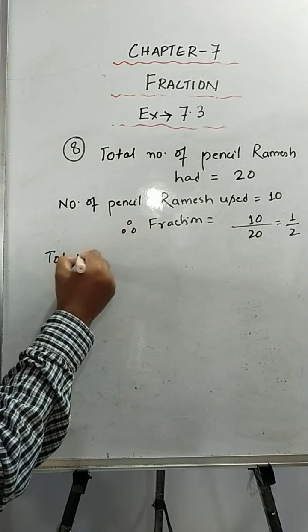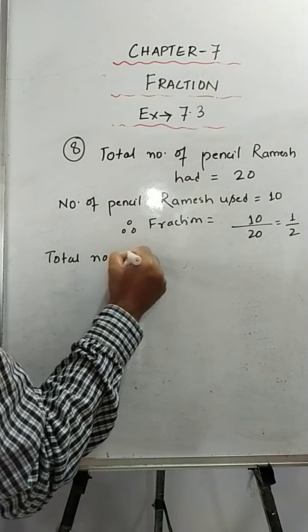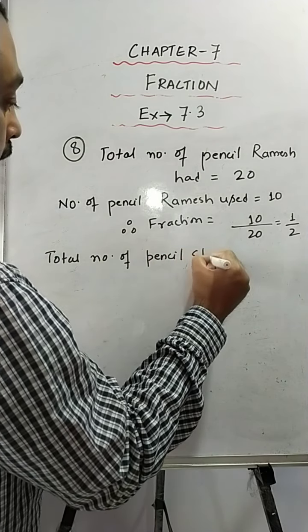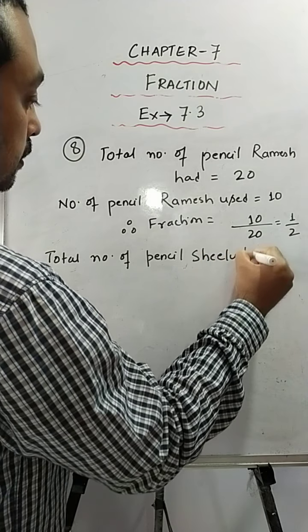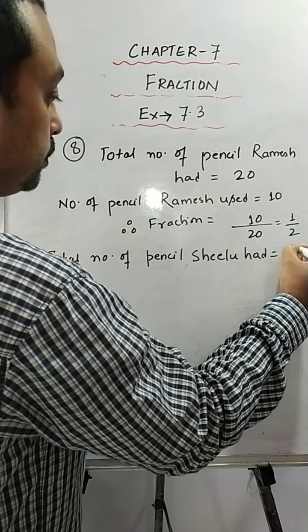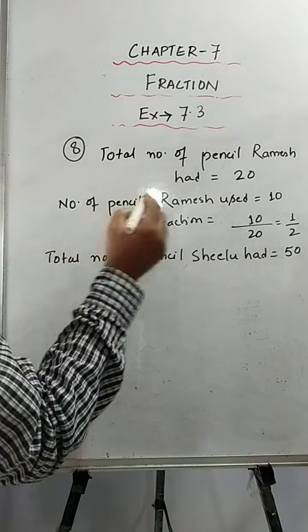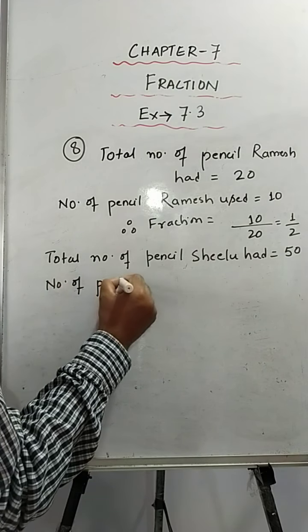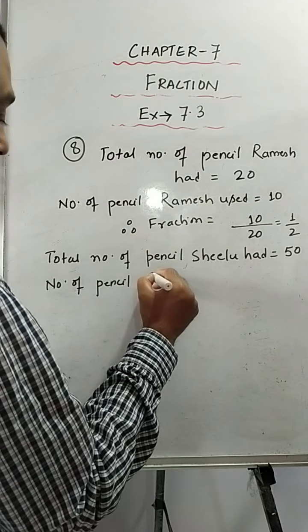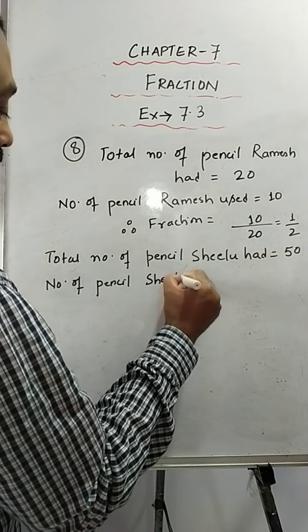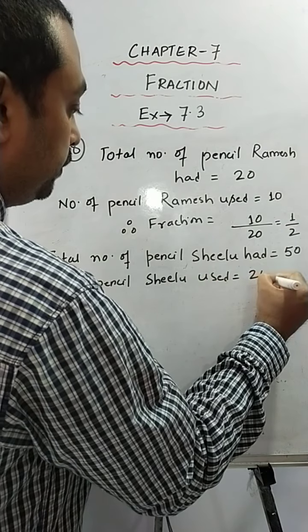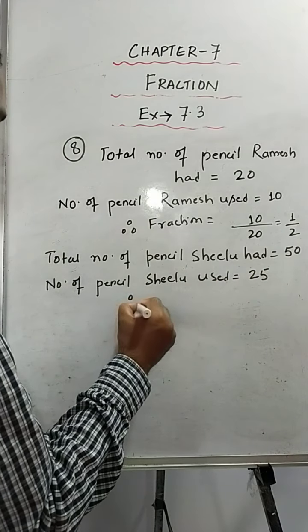So the total number of pencils Shilu had, that is 50. And the number of pencils Shilu used, that is 25. Now what is the required fraction?